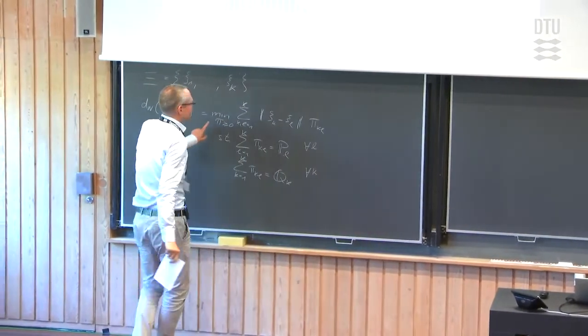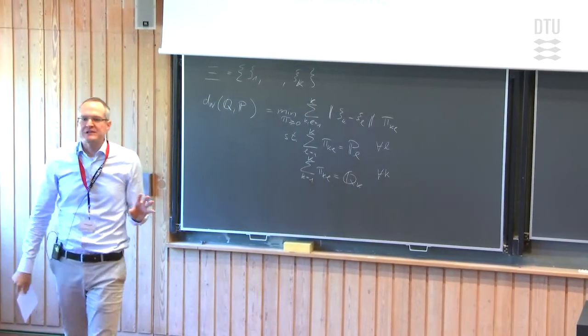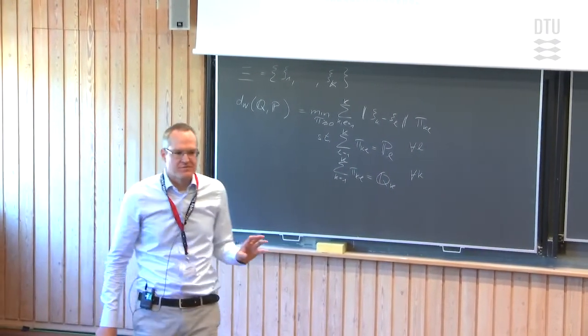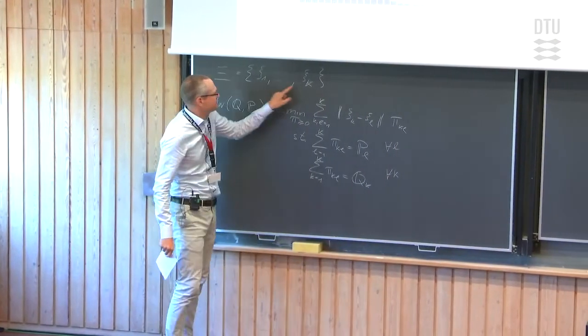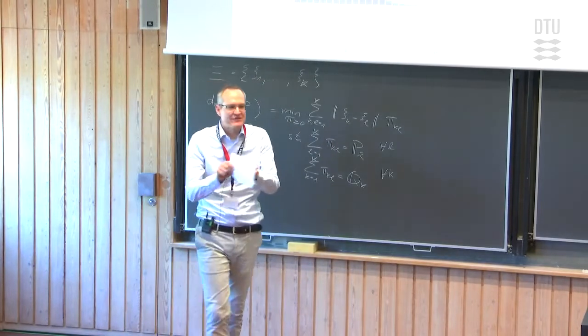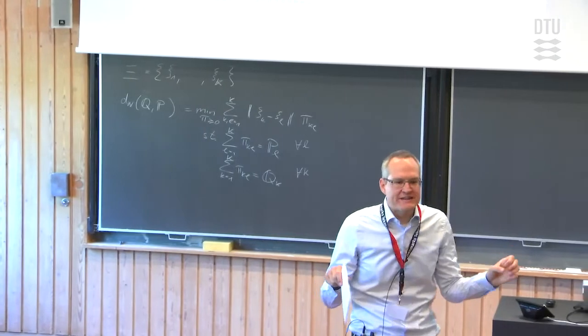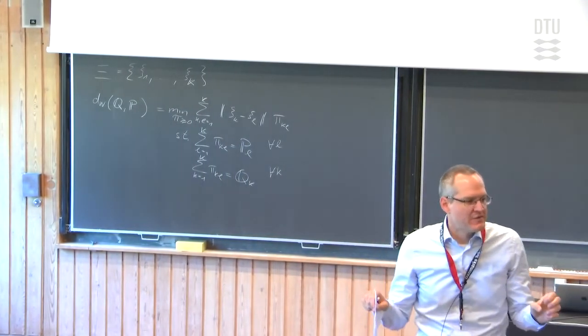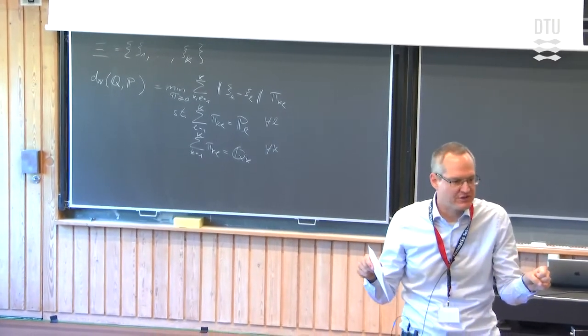Now, this problem here has a very nice interpretation. This is just an optimal transportation problem. Okay? Think of these points here, xi1 to xiK, as geographical locations. And assume that at each of these locations, we have a certain product, and there is a demand for that product and a supply for that product.